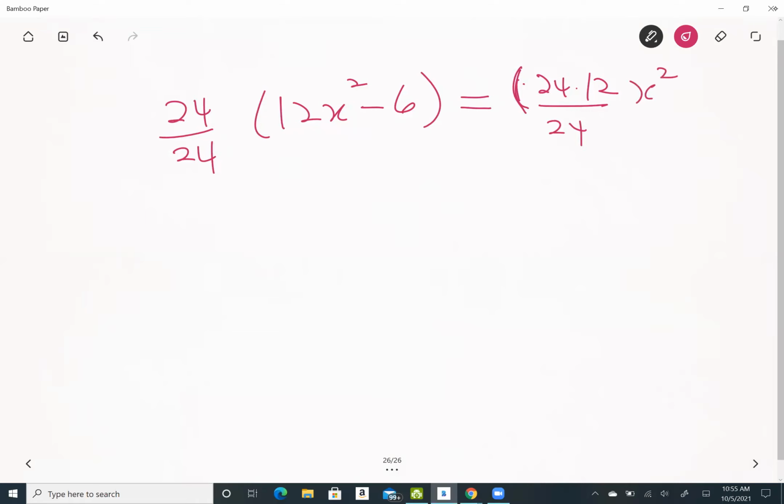And then the second term, 24 over 24 multiplied by 6. But the second term, you have a problem here, because you want 12, right? You multiply by this, you don't get 12. You will still get a 6.